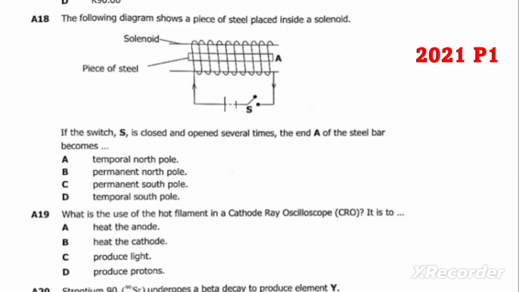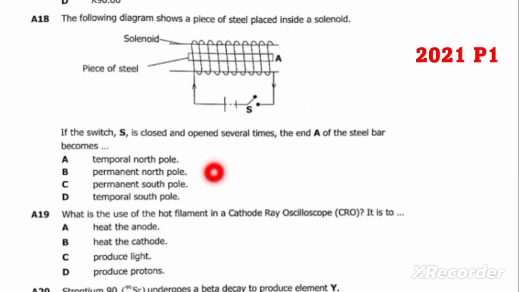If the switch S is closed and opened several times, the end A of the steel bar becomes: A, temporal North Pole; B, permanent North Pole; C, permanent South Pole; D, temporal South Pole.